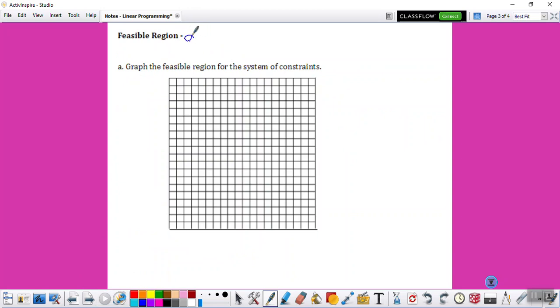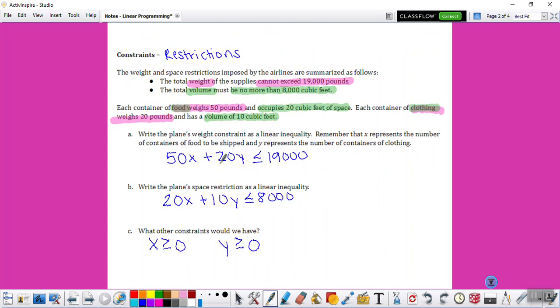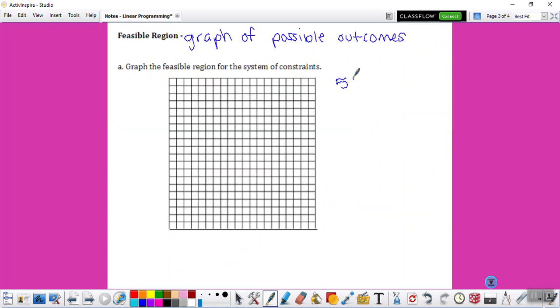Feasible region. This is a graph of possible outcomes. So anything in the shaded area of our graph is possible to happen, but ultimately we're going to look for the maximum ones that can happen. So if we use the cover-up method to graph these, we need to solve 50x equals 19,000, and 20y equals 19,000.